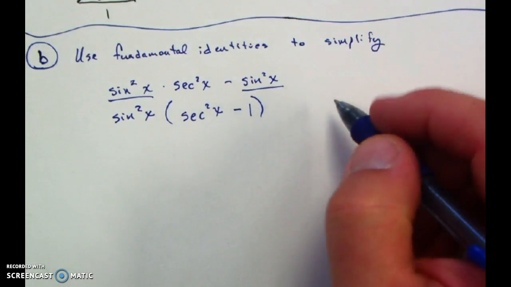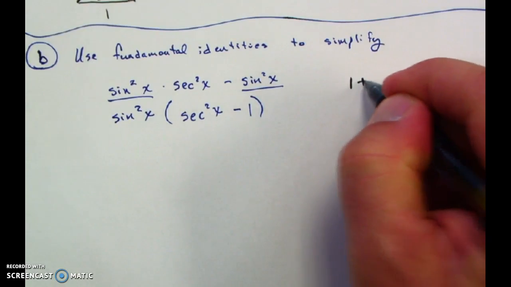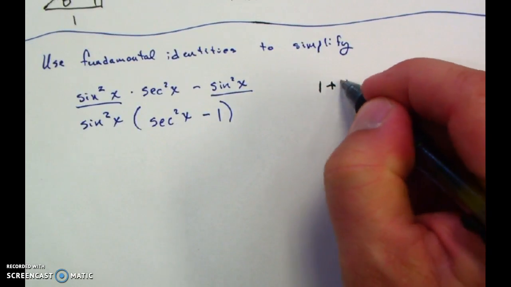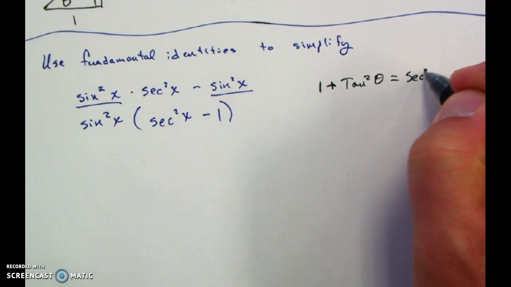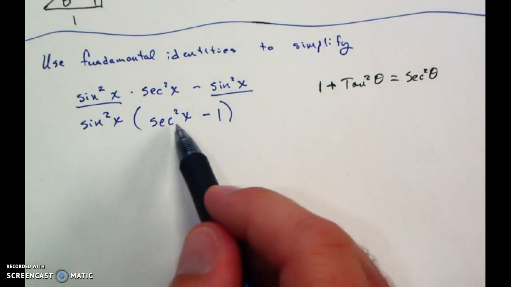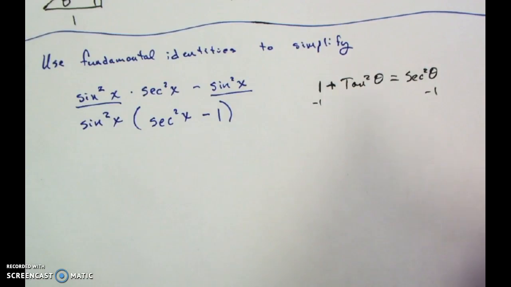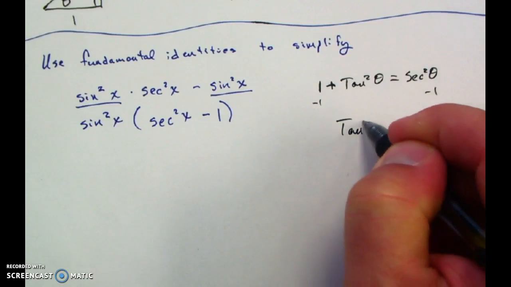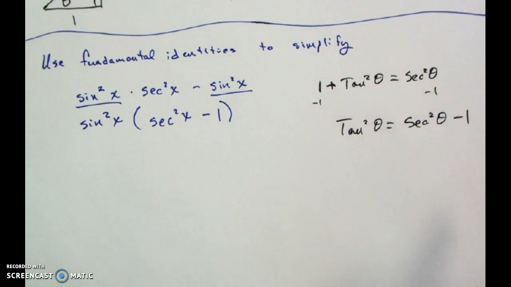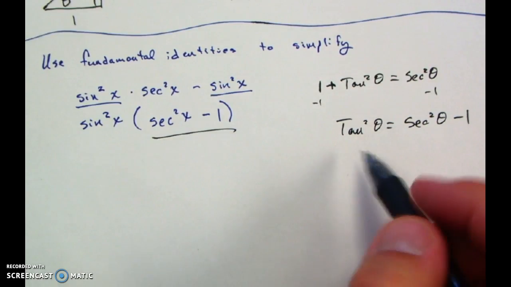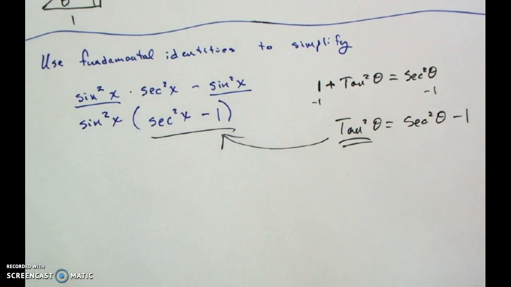If 1 plus tangent squared theta is equal to secant squared theta, then to get secant squared minus 1, I could subtract 1 from both sides, and this is going to remain equal. So then that would give us tangent squared theta is equal to secant squared theta minus 1, which is what we have right here.